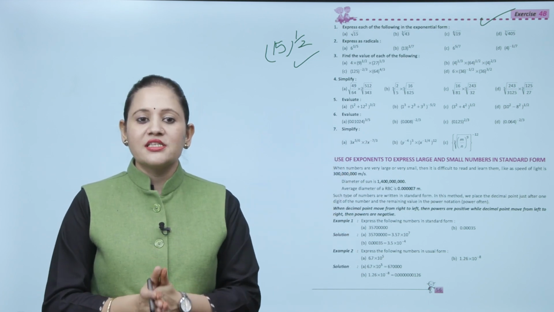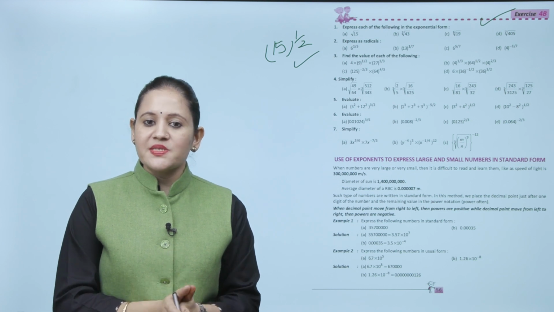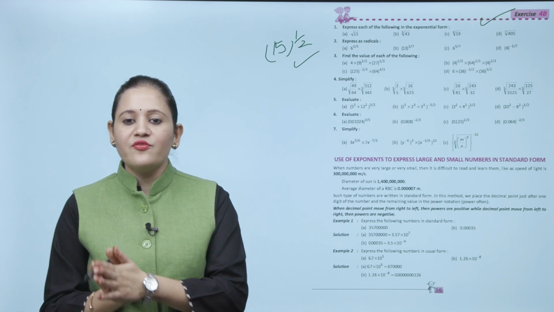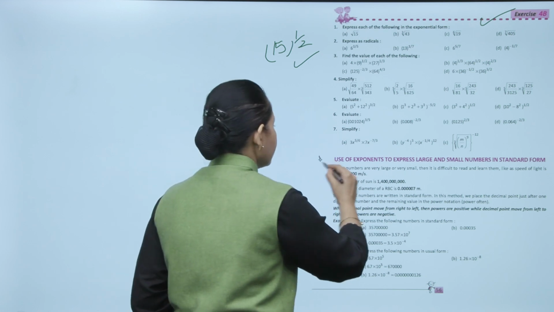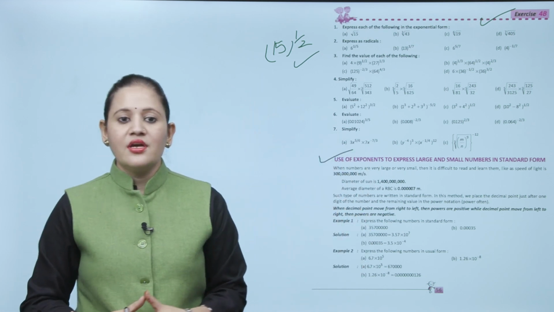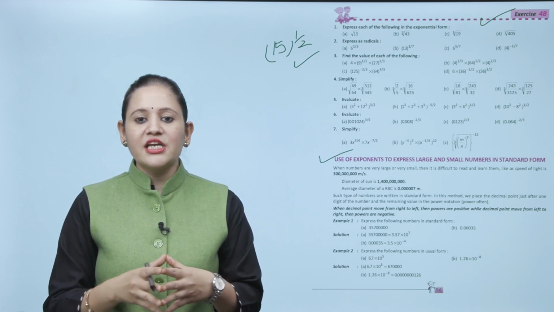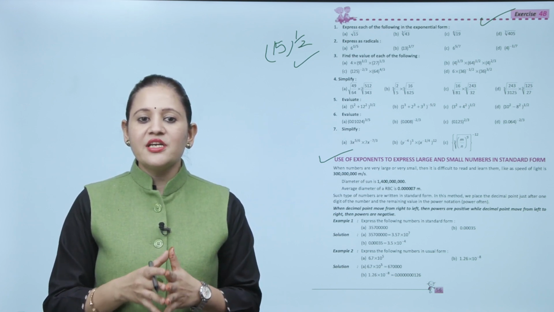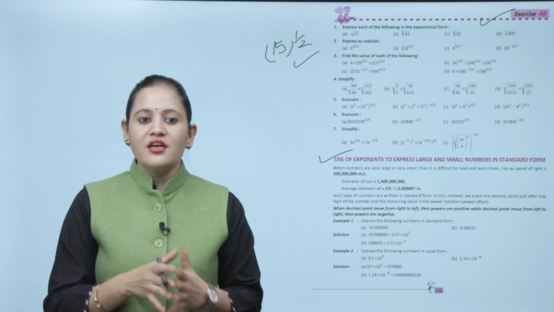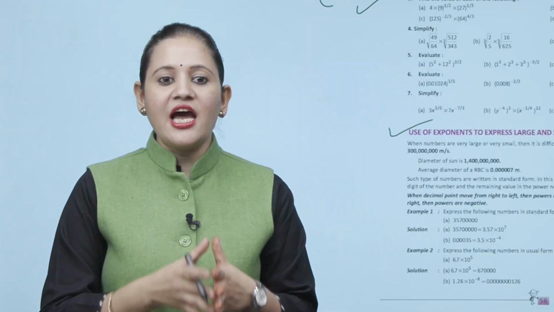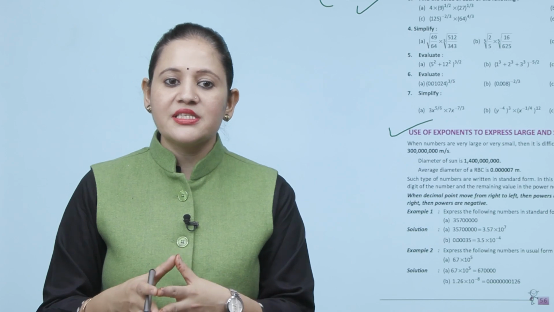Our next topic is use of exponents to express large and small numbers in standard form. When numbers are very large or very small, it is difficult to read and learn them, like the speed of light given here, the diameter of the sun, and the average diameter of an RBC.